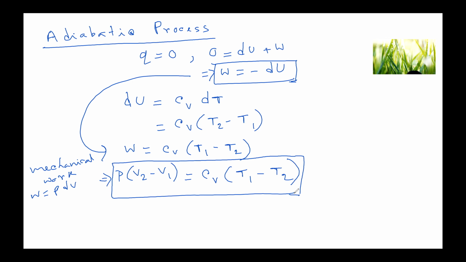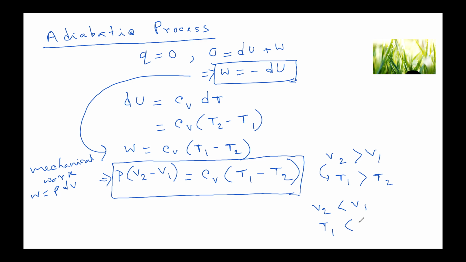So for adiabatic expansion of a gas, if the gas is expanding, in this case V2 will be greater than V1. So in that case T1 will be greater than T2. And if V2 is less than V1, T1 will be less than T2.